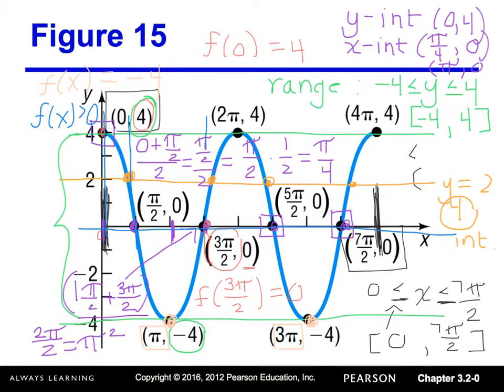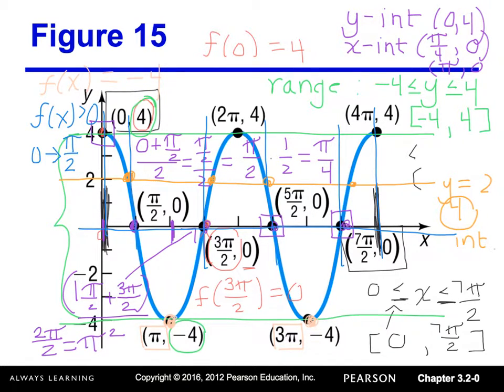We can also see that it's greater than 0 between here and here, because again, the blue graph is above. And we can also see that it's greater than 0 between here and here. So if we look at that first interval, it's greater than 0 from 0 to pi over 2, excuse me.